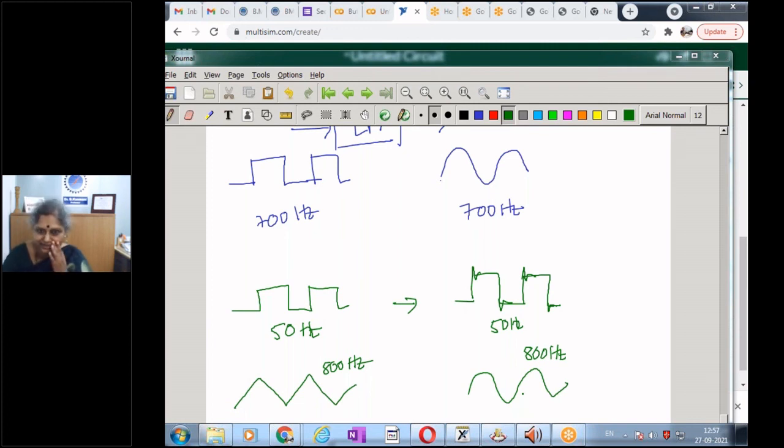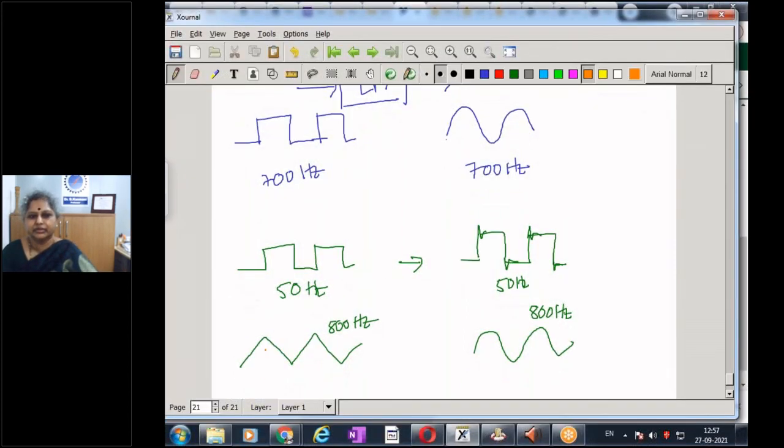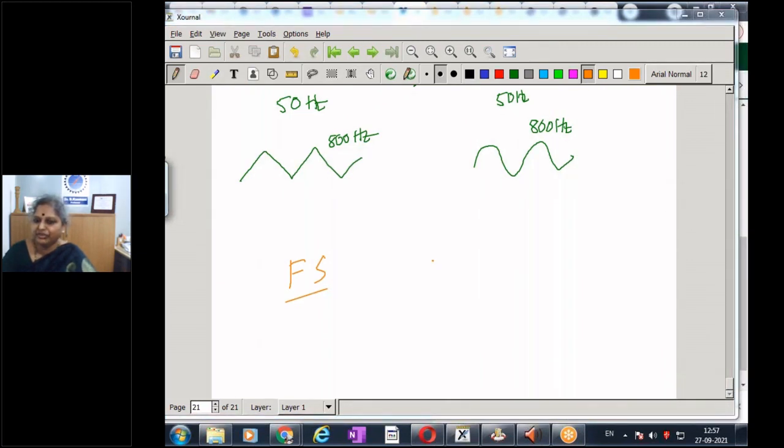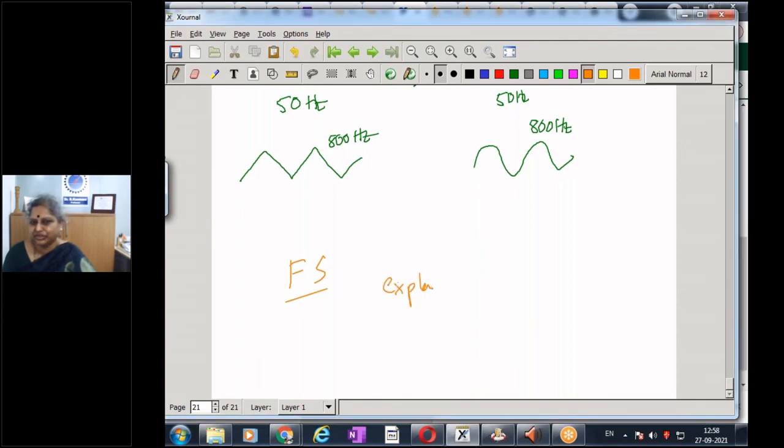To understand this exciting phenomenon, we need to go into what is known as the Fourier series. Only when we understand what the Fourier series is will we be able to explain the above observation.